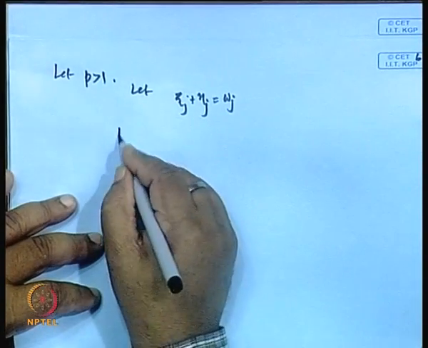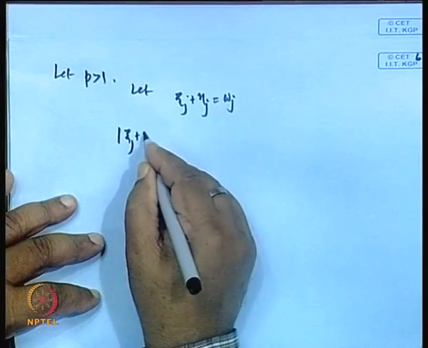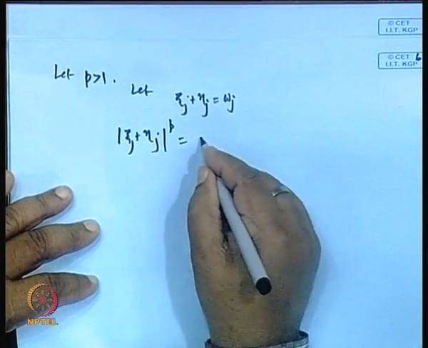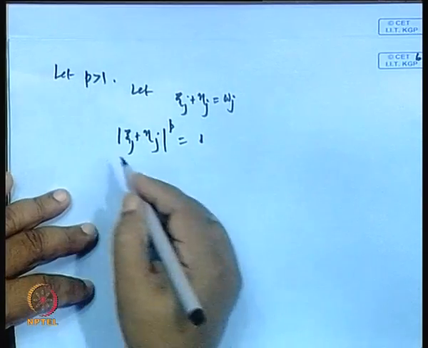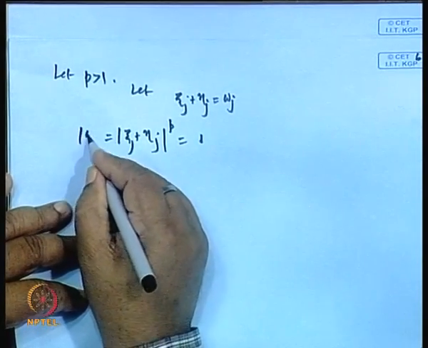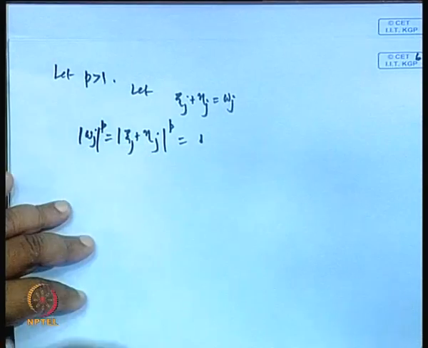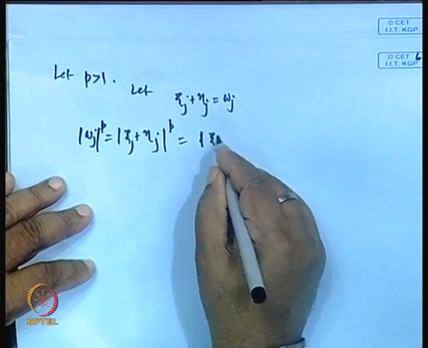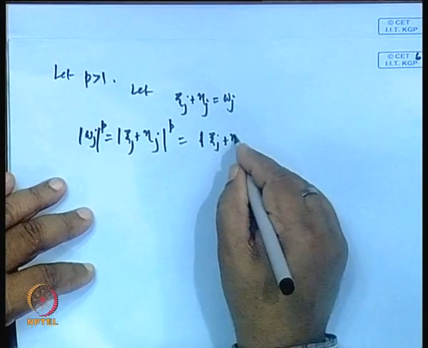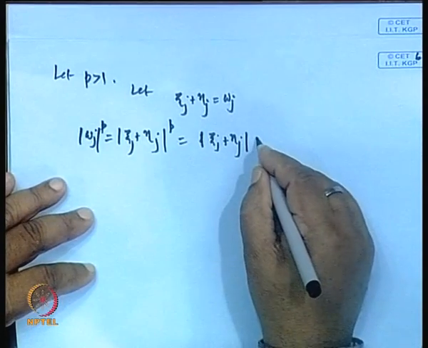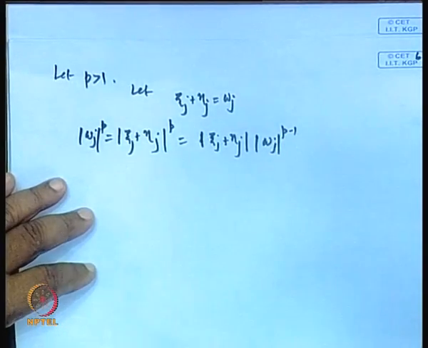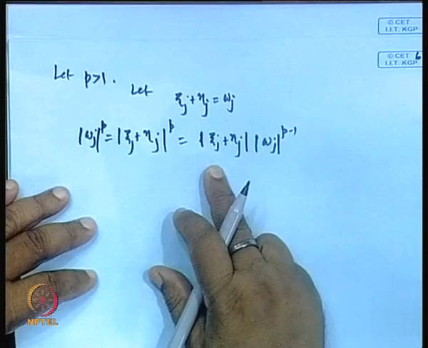So, mod of x_i^(j) plus eta_j to the power p will be the same as mod omega_j to the power p. Okay. And this can be written as mod of x_i^(j) plus eta_j into mod of omega_j to the power p minus 1. Take one of the terms outside and get this.